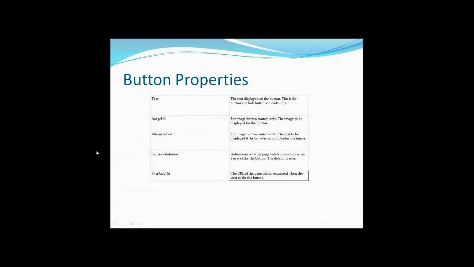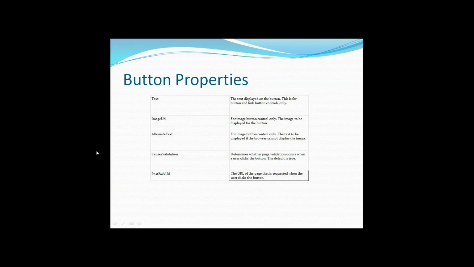Good. So the next important property associated with a button: sometimes you might want to just use the button to redirect the user to some other page. Something like you wanted to have some button on your control and think that you are on the home page and you wanted to have some links or buttons to other pages like your contact page or your about page.